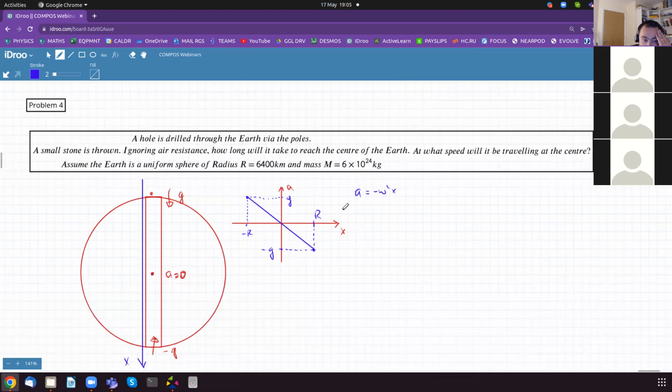So omega squared is the gradient of that graph, which is g over r. So omega is the square root of g over r.